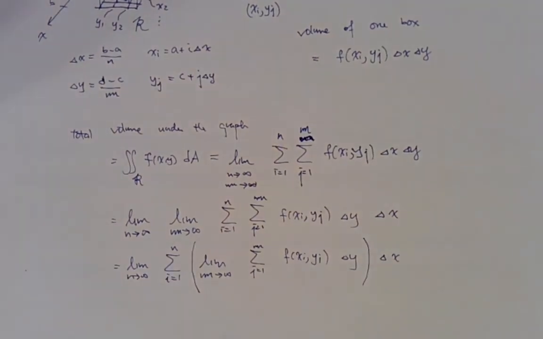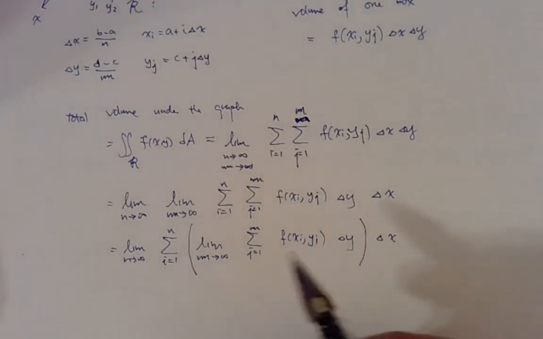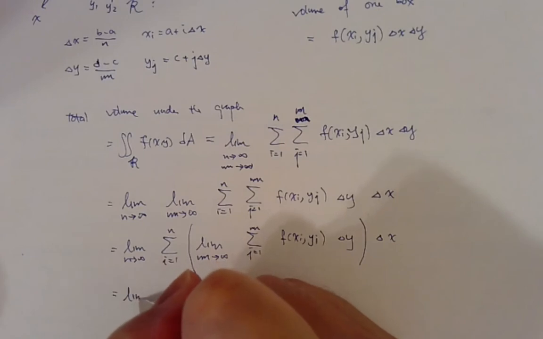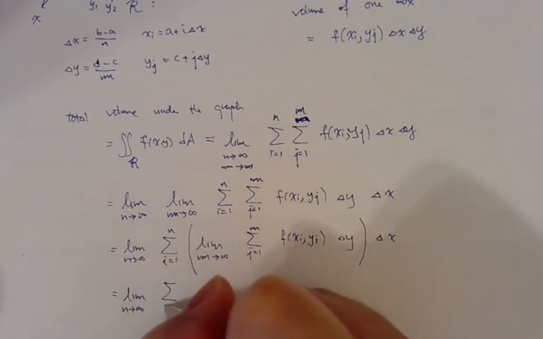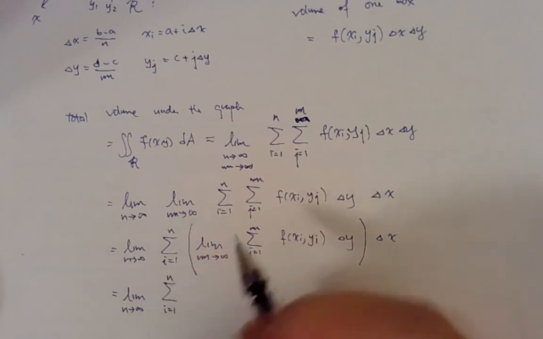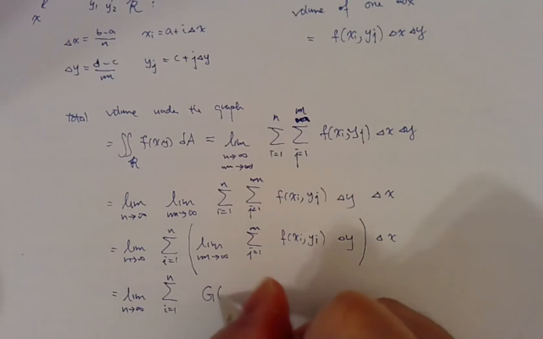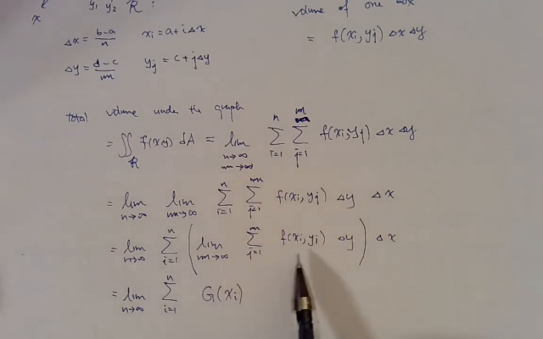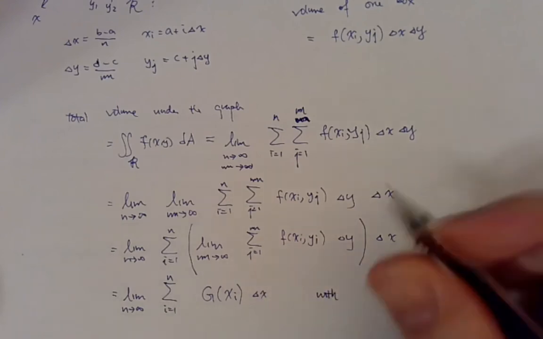To help us notice this, let's write this as the limit as n goes to infinity of the sum from i equals 1 to n, and let's call this entire function g of x, evaluated at x sub i, g of x sub i, delta x. So what is my definition for g?